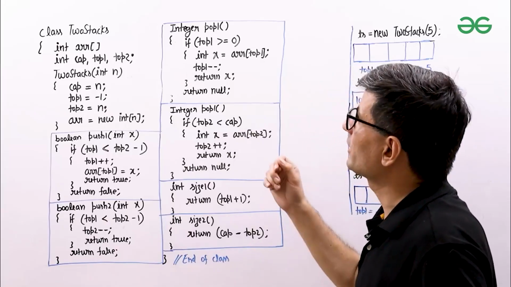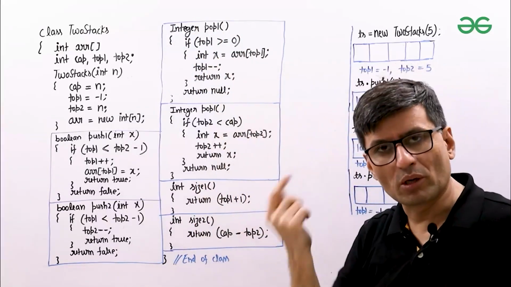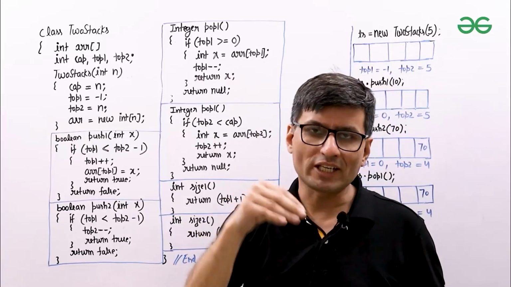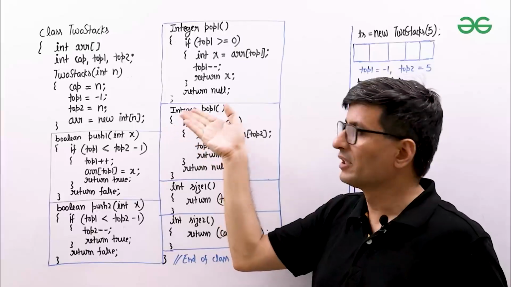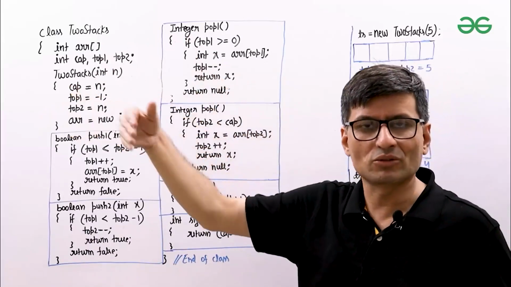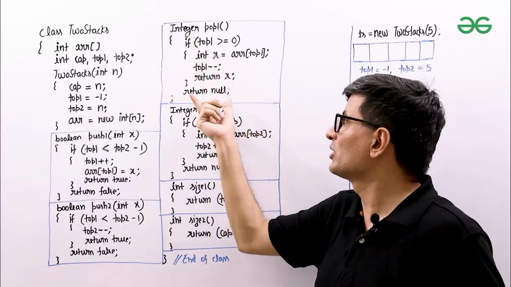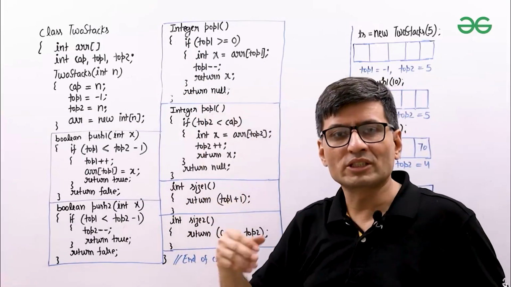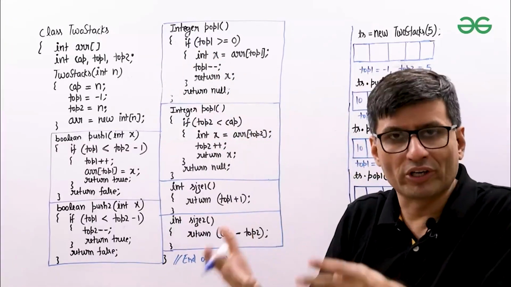Also, in Java, you have a wrapper class Integer. So if you are writing a pop function and the stack is empty, then you can return null in Java. It's a clean implementation. And this int x will anyway be converted to Integer. So if there is an item, you will get that item as an Integer object. Otherwise, you will get null. If you want to implement similar functionality in C++, then you will have to return maybe a pointer, right?